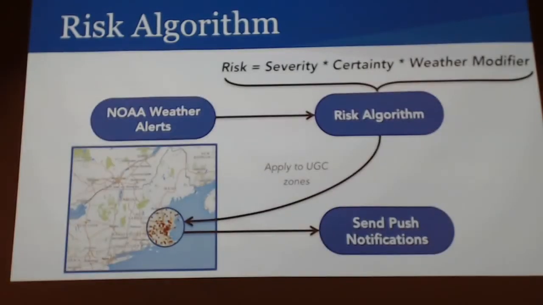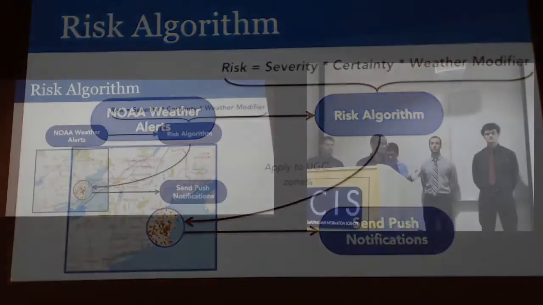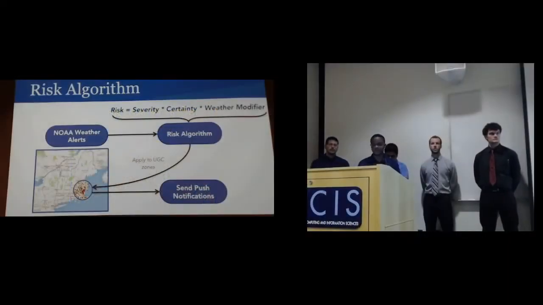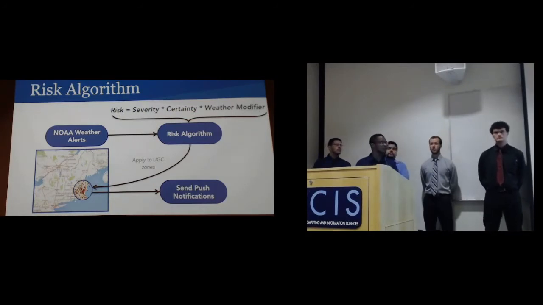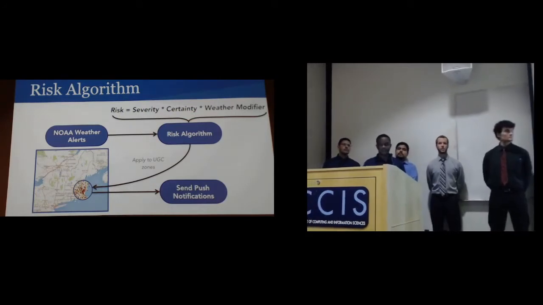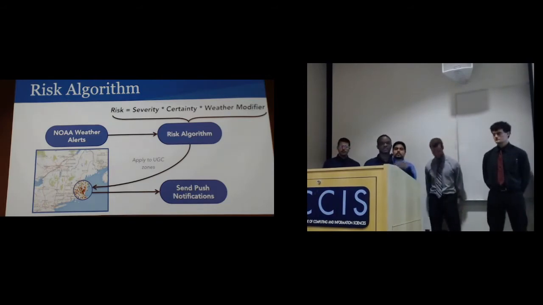Going through all the alerts, we then apply that risk to all the devices within a UGC zone. A UGC zone is something like, think a county, but smaller. It's how NOAA zones out the entire United States. So all the devices within a specific UGC, we get the specific risk. And once we've gone through all the alerts, we then go through our database of all the devices whose risk is now above a certain threshold, say 75%, and we'll have push notifications sent to all the owners of those devices.